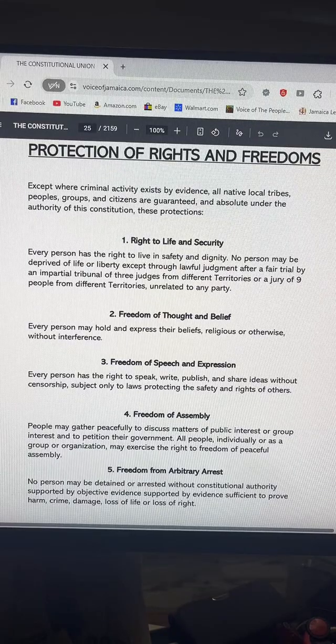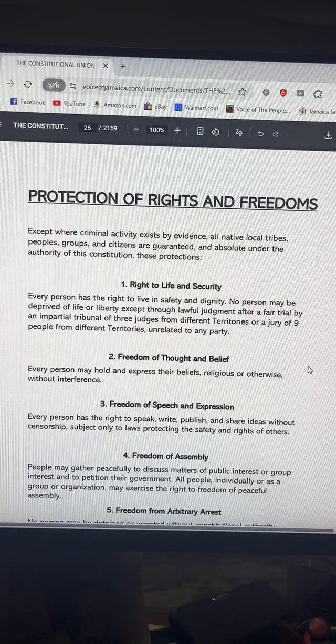If we are going to become a free nation, if we're going to become a people who are going to be what we call proud, right? We have to have some protection in place for all of the things that we would enjoy as a citizen, right? As a native, as one of the people who come together and institute something for the good of everyone. So this section would cover the protections of the rights and freedoms that we would want to enjoy.